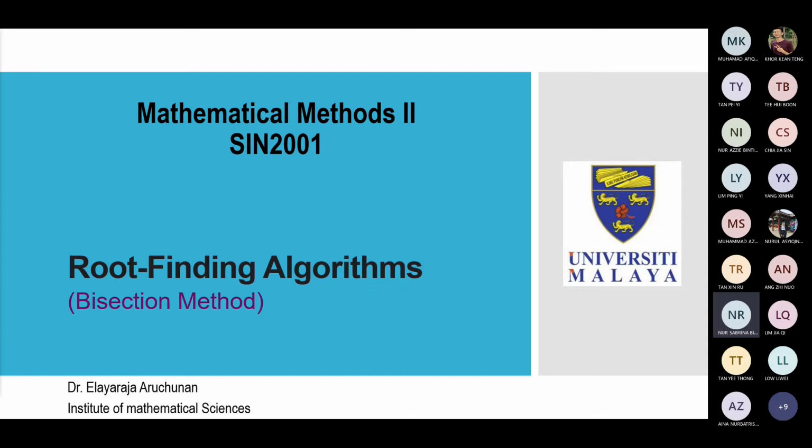For the low order scheme, it does not require that much computation, but you will need a lot of iterations. For example, if you use the bisection method, you may need 10 iterations to get the answer. But if you use a high order scheme, you only require 3 or 4 iterations to get a closer point. So that's the idea.